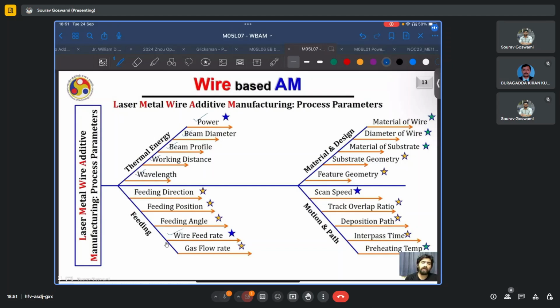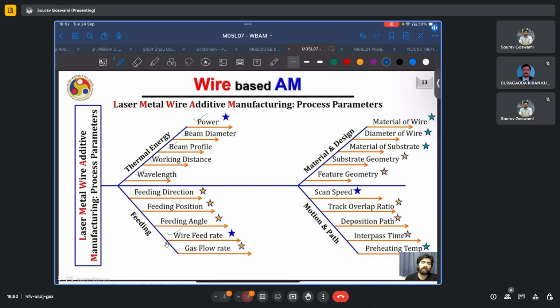The motion and path variables, such as the scan speed, are optimized. As we saw previously, we use single track experiments, then single layer multi-track experiments, and finally multi-layer multi-track experiments to optimize most of these parameters. Similarly, the scan speed is also optimized.